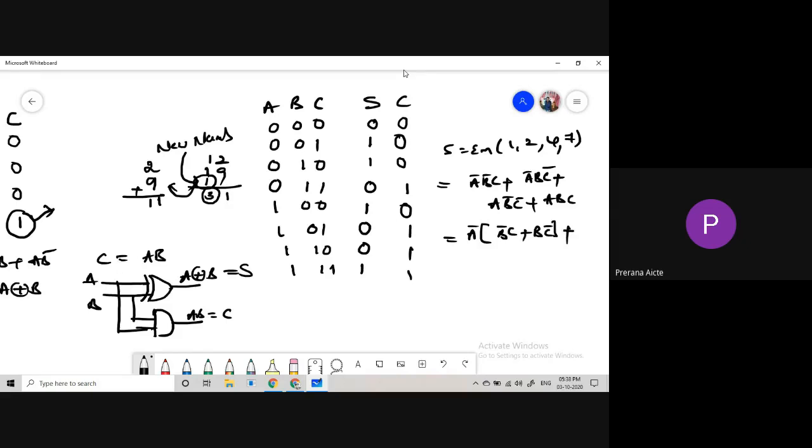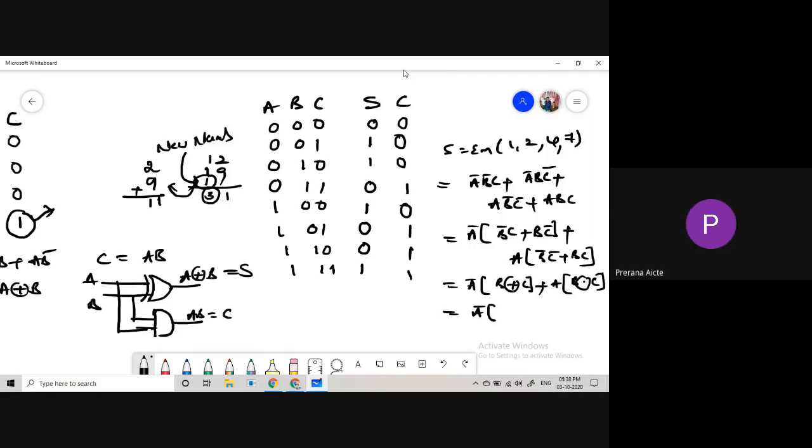And if you are taking A as common, we are getting B bar C bar plus B C. So like it is in the form of XOR operation, right? B XOR of C. And then it is in the form of XNOR, B XNOR of C.